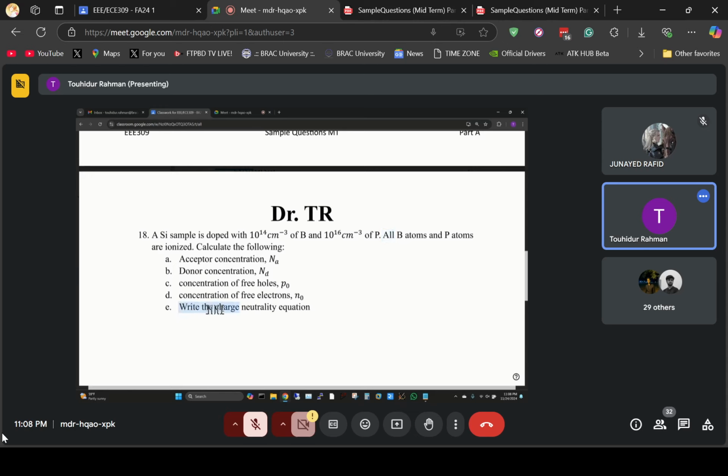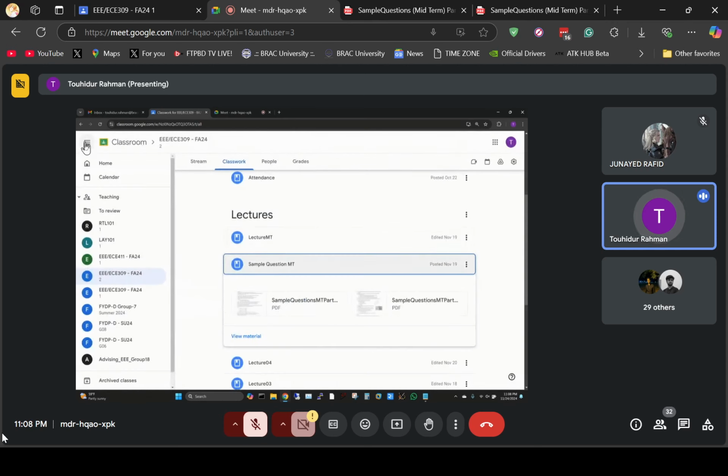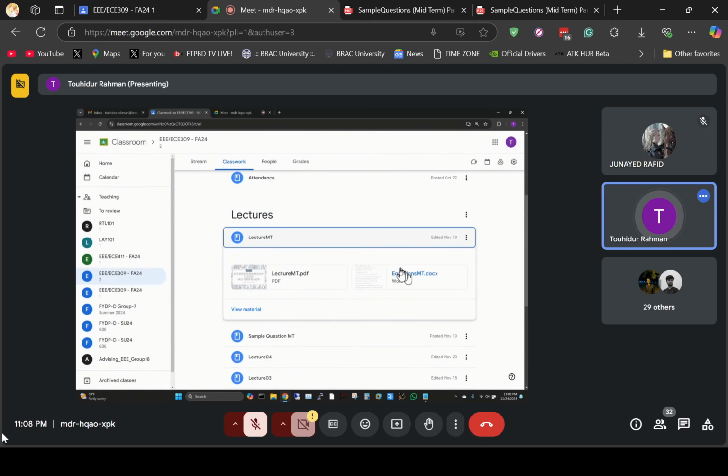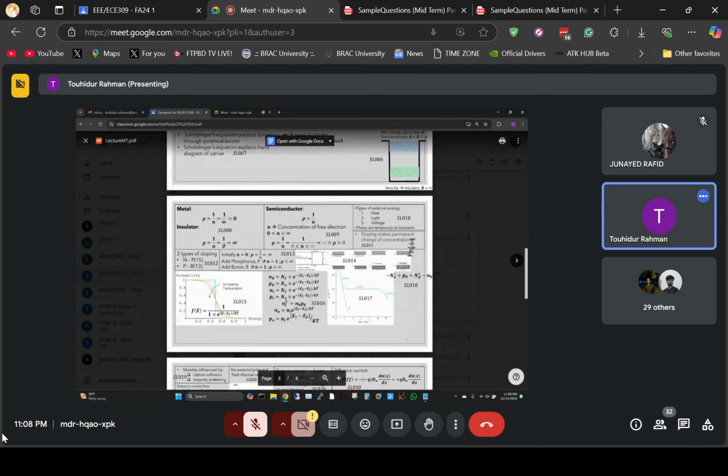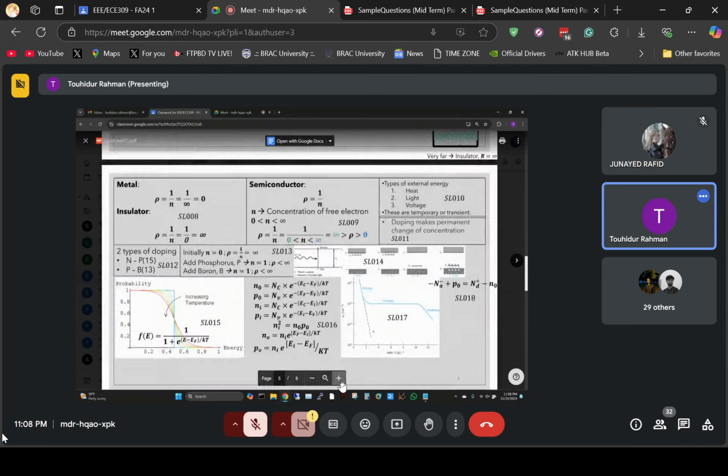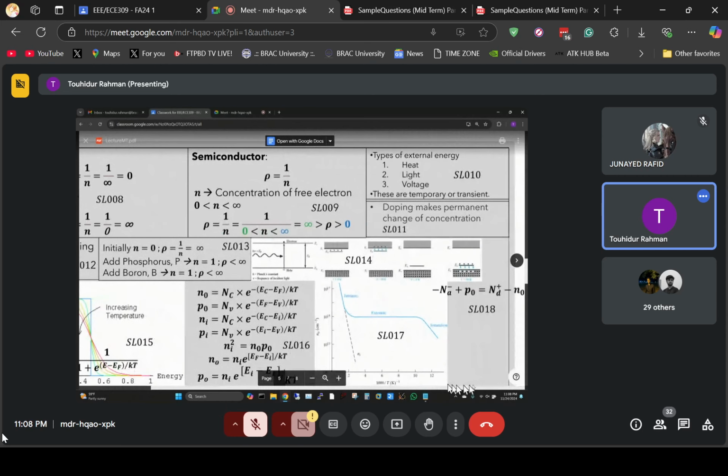Now the last question is, you have to write the charge neutrality equation. If you remember, I have that equation here. This is the equation: acceptor atoms, number of holes, donor atoms, number of electrons.